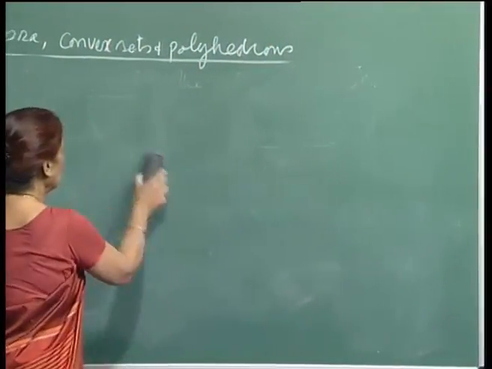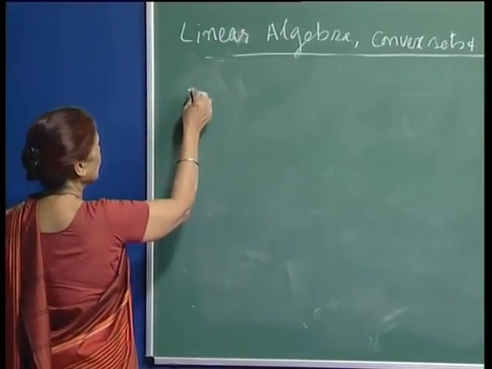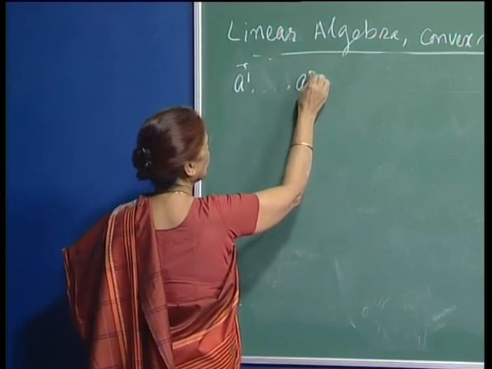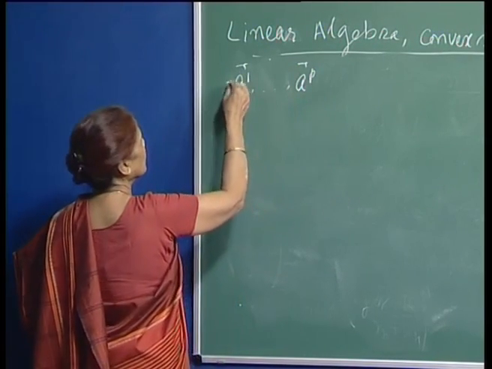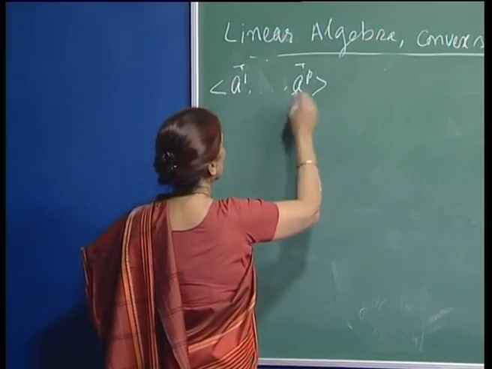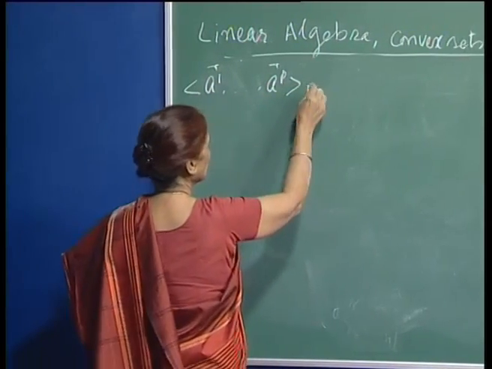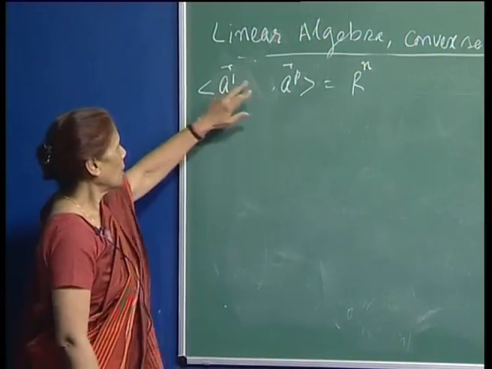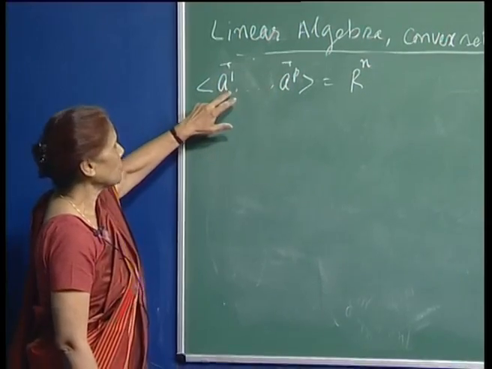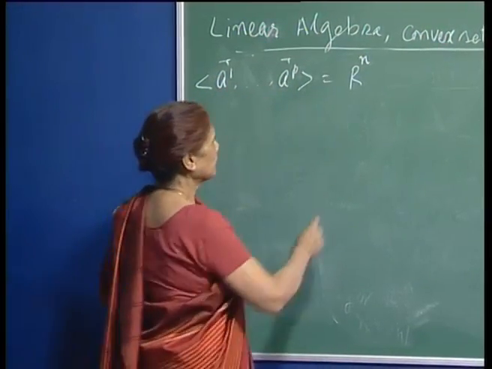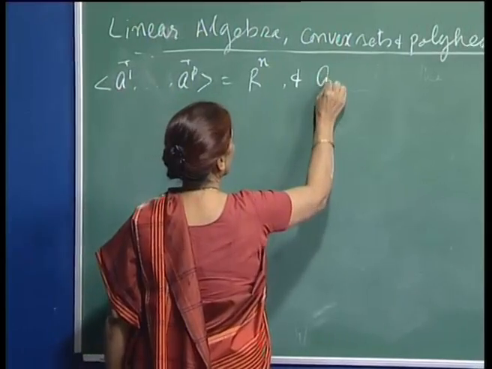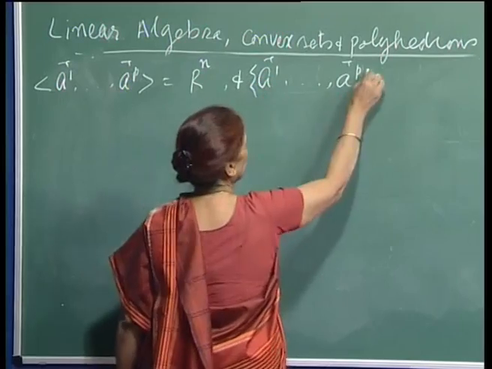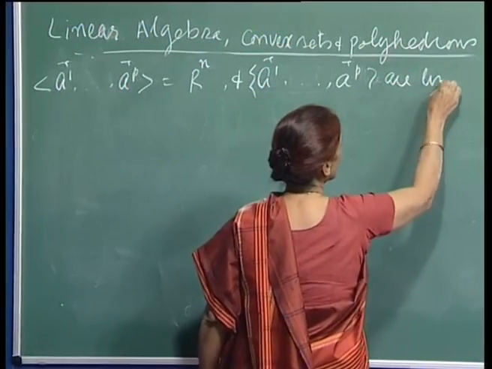Say, for example, A1 to AP are P vectors which form a spanning set for Rn, and the vectors A1 to AP are linearly independent.